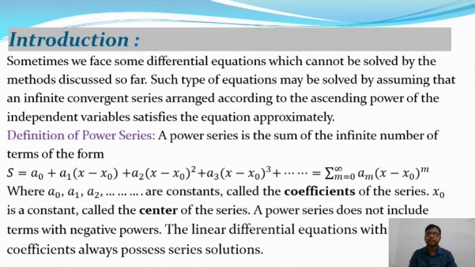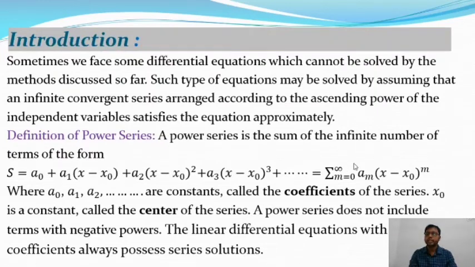According to that, we will define the power series of a function. A power series is the sum of an infinite number of terms of functions, equal to s, where s is equal to a0 plus a1 into (x minus x0) plus a2 into (x minus x0) whole square plus a3 into (x minus x0) whole to the power 3 and so on up to infinity. That is the Taylor series expansion, the power series about the point x equal to x0.